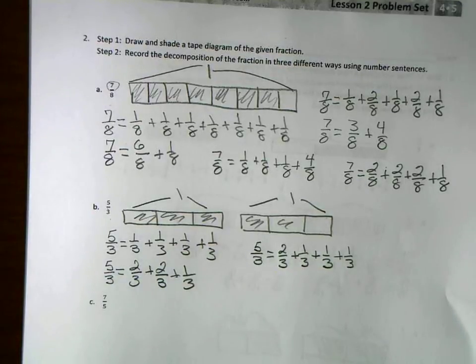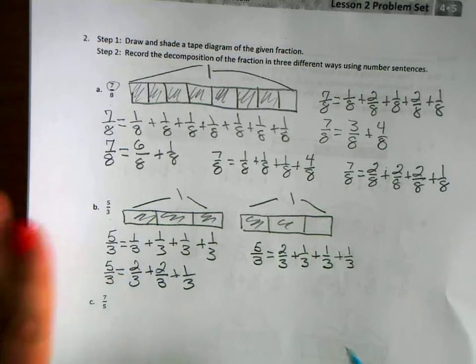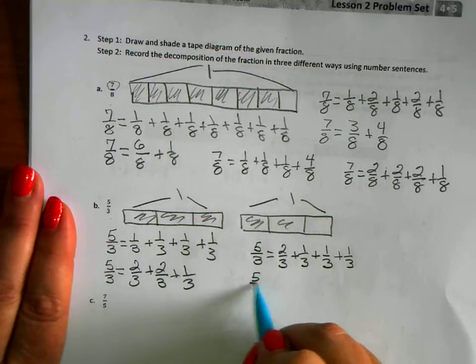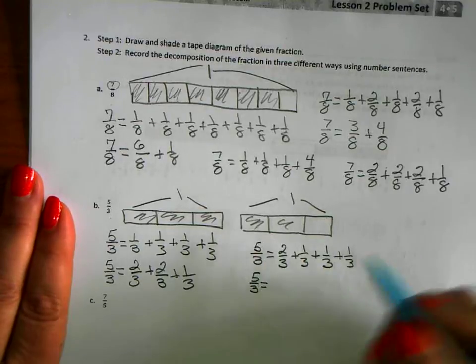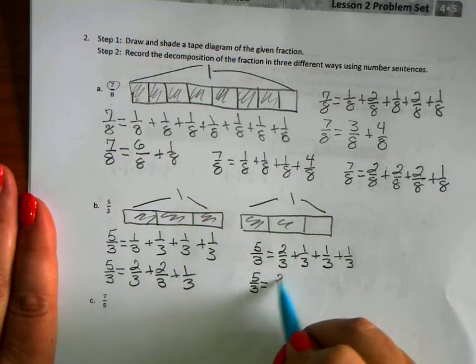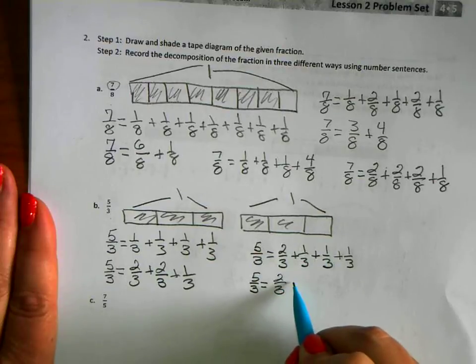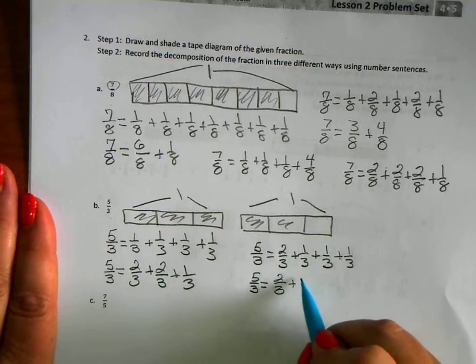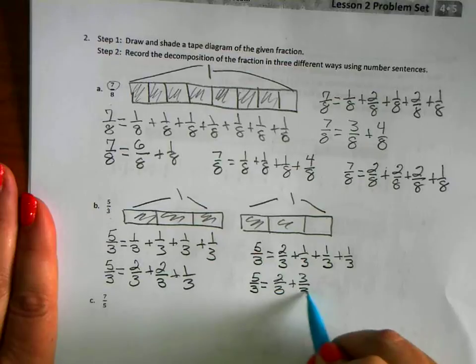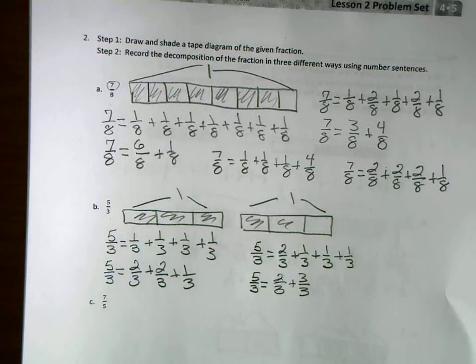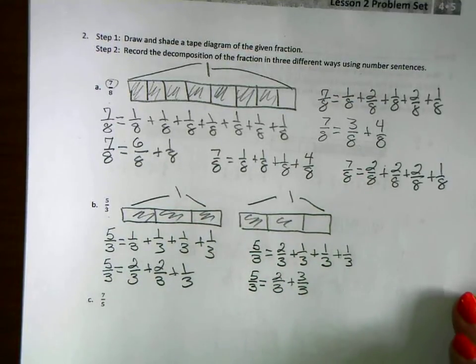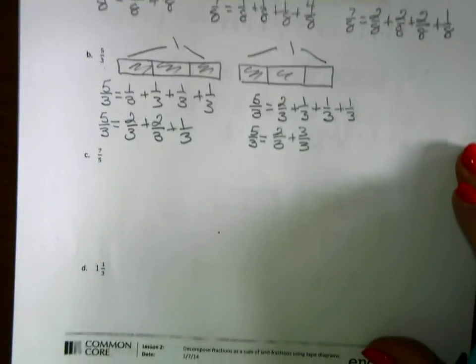Okay, 2/3 plus 1/3 plus 1/3 plus 1/3. Cynthia. Plus what? 3/3? Okay, good job. There's an example of several that you could have put. Okay, let's move to the next one.